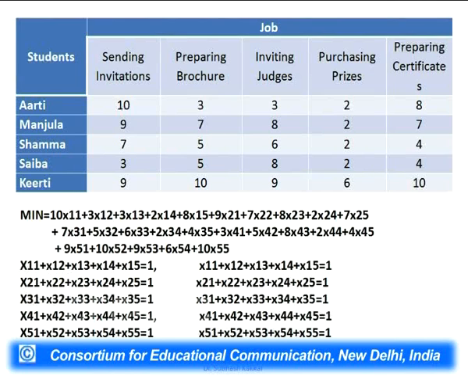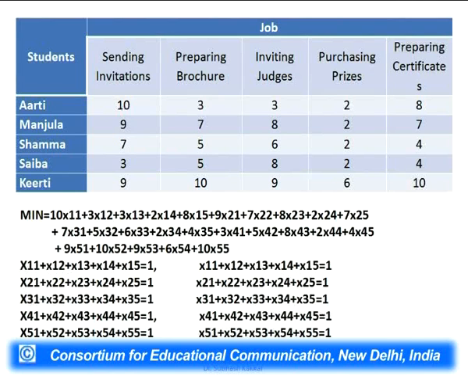And if we see the next row we will write 9x21, 7x22, 8x23, 2x24 and 7x25. Similarly, the third row: 7x31, 5x32, 6x33, 2x34 plus 4x35.